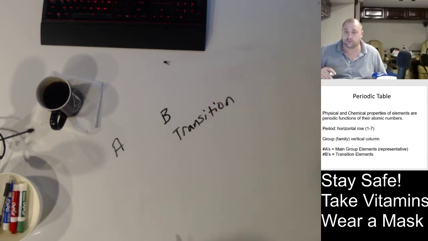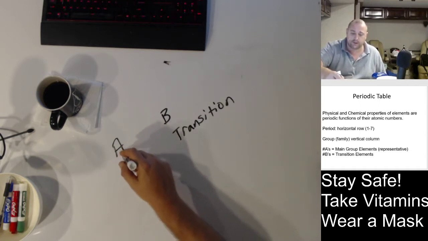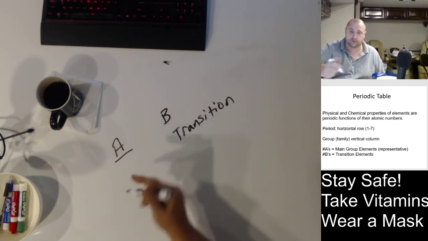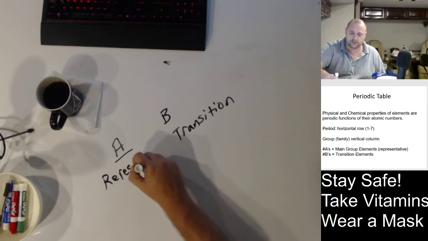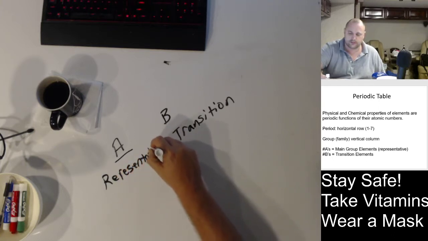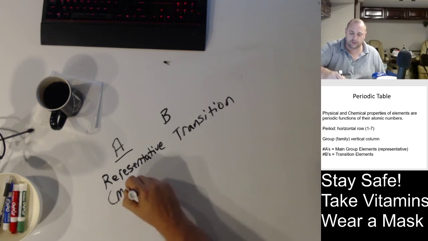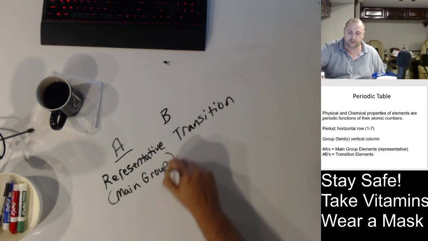All right, and a lot of them will be called that because they all happen to be metals. Now, the ones that have an A in the American periodic table after that Roman numeral are representative elements. All right. You'll also hear us old people refer to those as main group elements.